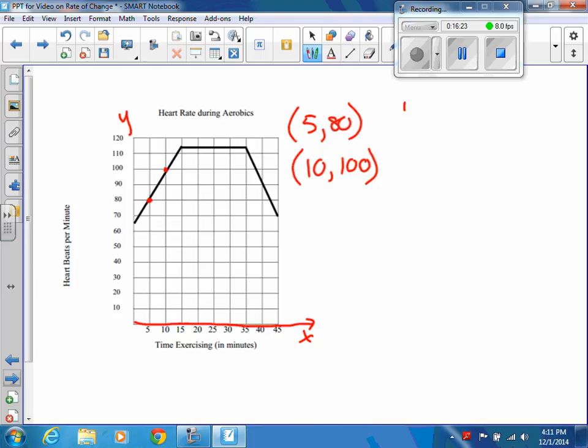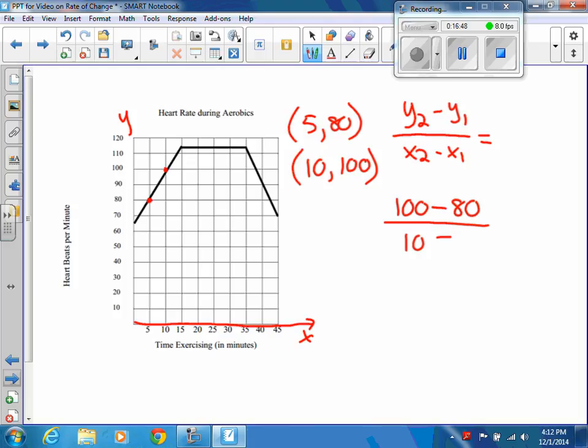Okay, so I'm going to use my same formula, y2 minus y1 over x2 minus x1. When I put that out, I get my y2 is 100 minus 80, and then my x2 is 10, and my x1 is 5.